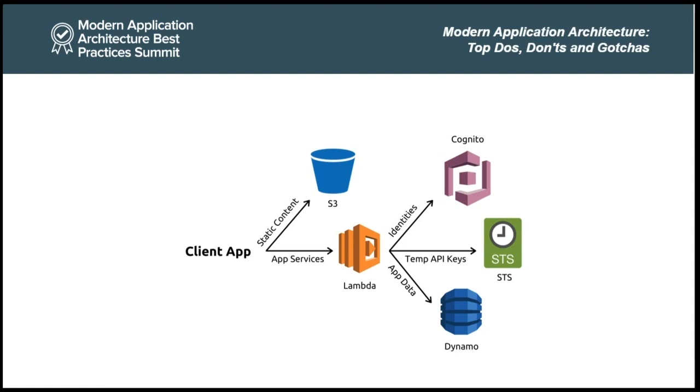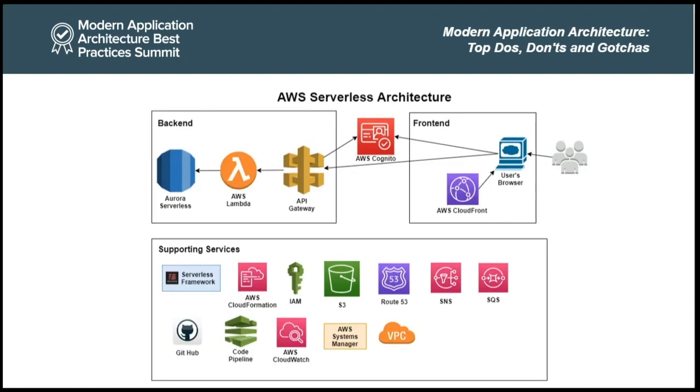This is another one, more or less the same, but this one introduces the layer of CloudFront in front of your application to serve as a caching layer for your users, and then, of course, Cognito for user authentication and authorization. And in the back end, you have API Gateway and a ton of Lambda functions. For storage, in this case, we're using a more traditional relational database, Aurora.